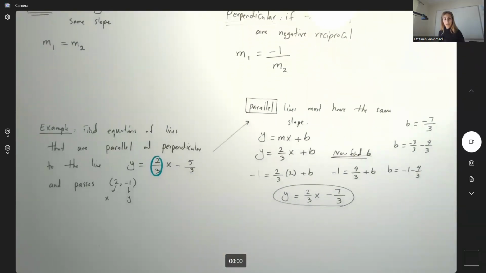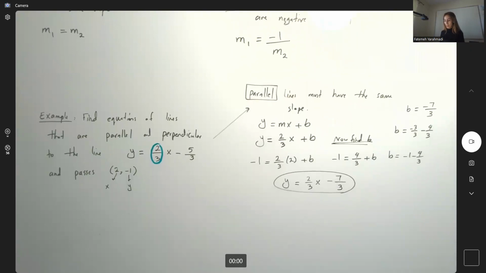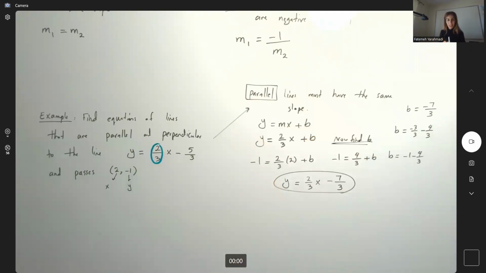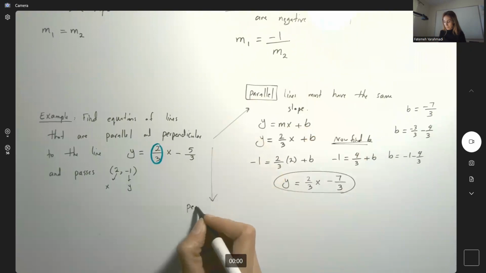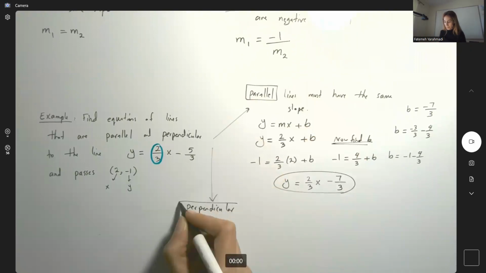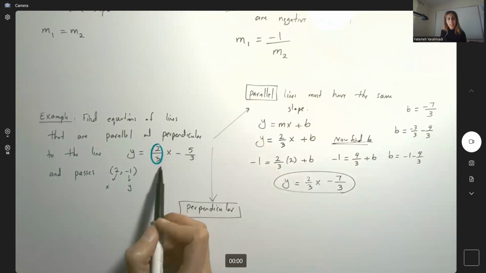So now for the perpendicular line. We know that the perpendicular line has to follow the definition, am I right? So for perpendicular, the slope of the perpendicular line must be the negative reciprocal of this slope.